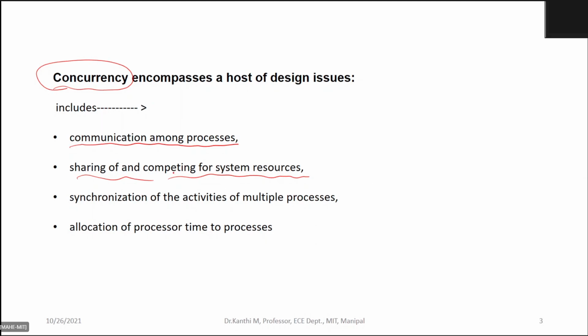I mean, how do you manage the resources when processes compete with each other for the same resource? Then synchronization of the activities of multiple processes: you need to have some sort of synchronization for the various activities. And finally, allocation of processor time to the processes. You need to address all these in parallelism or concurrent execution.